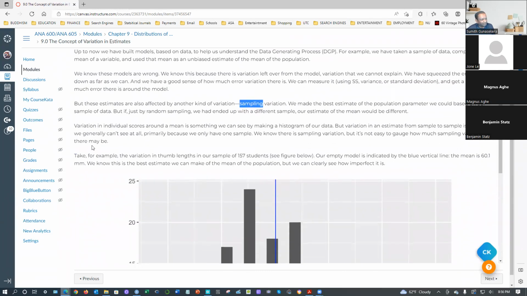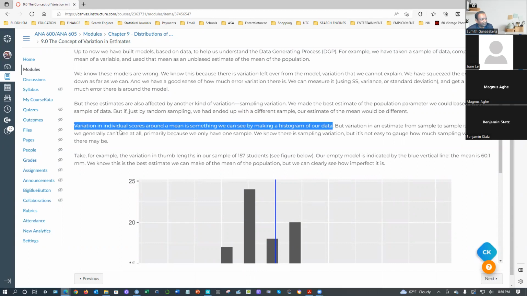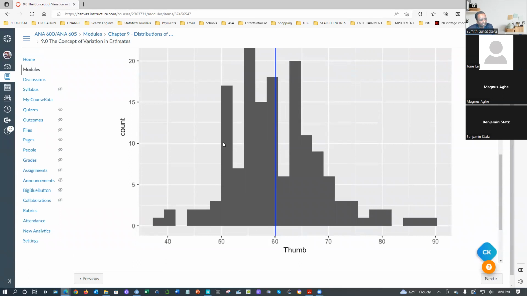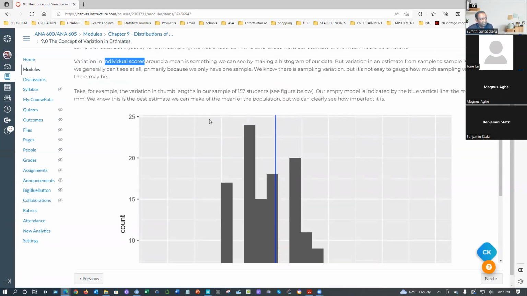Variation in individual scores around the mean is something we can see by making a histogram. It can be visualized or explained using exploratory data analytics, and for descriptive analytics we can do both ways. You can just draw the graph and talk about it, and then talk about the mathematical formula, both ways.